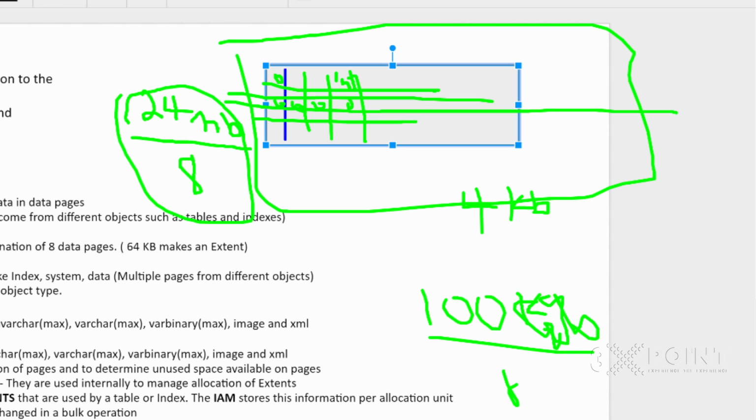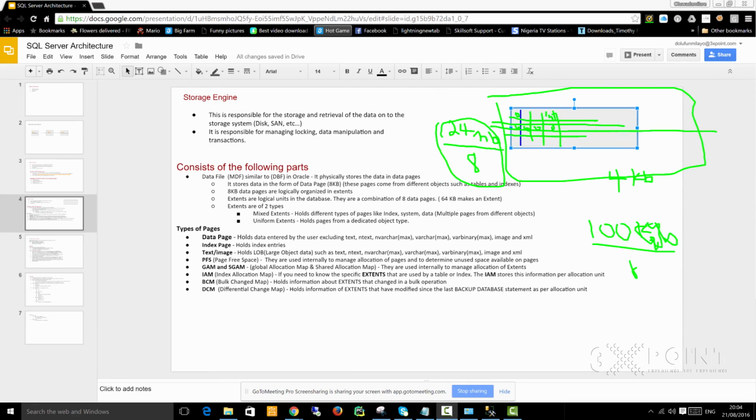The thousands or millions or billions of pages that are being created inside the storage engine are what cause the IO-bound issues that you get to hear about from time to time.